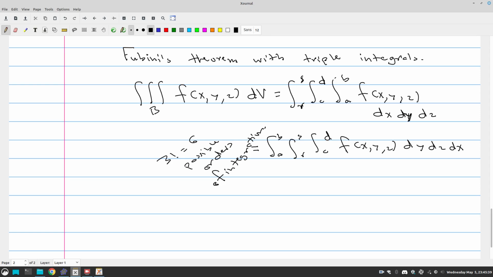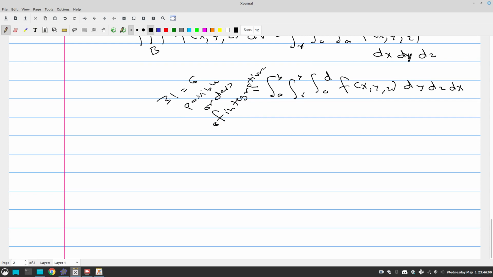Okay, so let's try to evaluate a triple integral over a rectangular region. So we're given a region B. B equals, this is a rectangular region. X goes from 0 to 1. Y goes from -1 to 2.